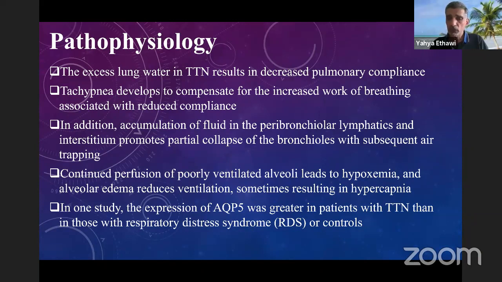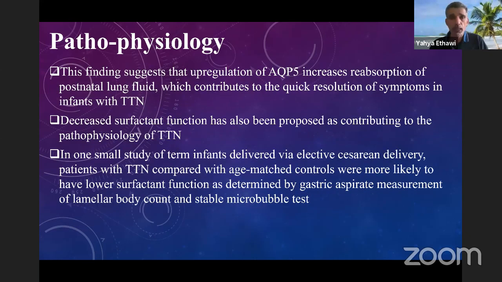Now, there is a study that talked about aquaporin 5 as the channel. It was found to be greater and increased in number in TTN than in those with RDS and controls. Therefore, this finding suggests that upregulation of aquaporin 5 increases reabsorption of postnatal lung fluid.